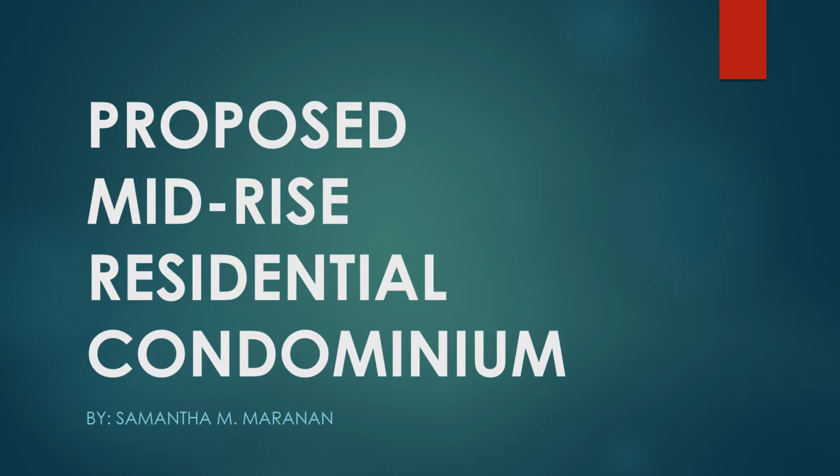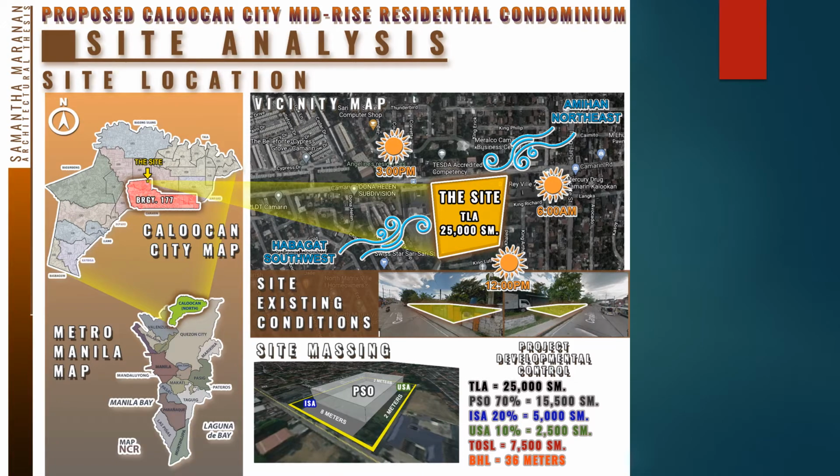I propose a mid-rise residential condominium. And these are my architectural design boards. The site analysis, where you can see the site location, vicinity map, site massing, and project development control.